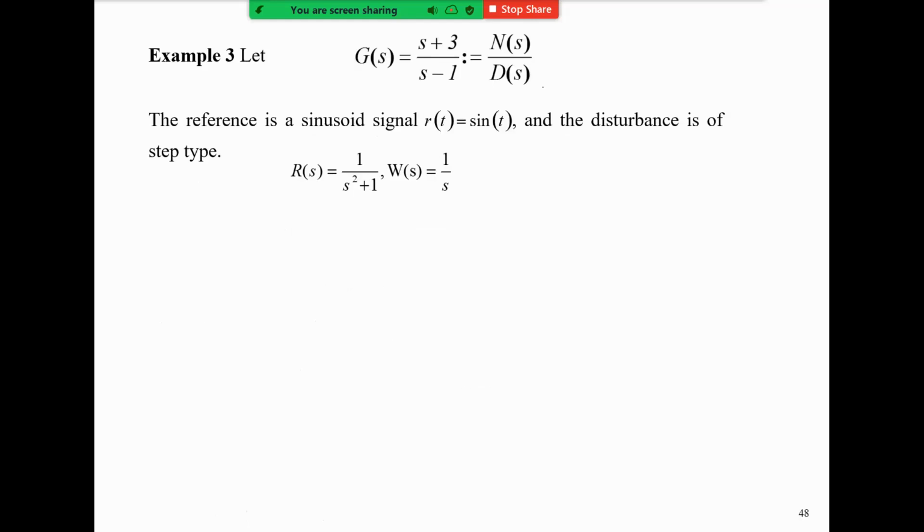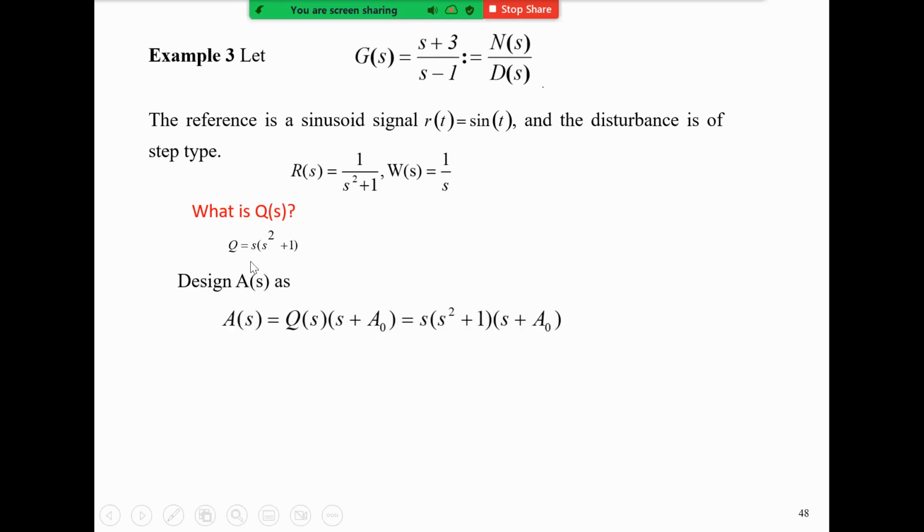Now, let's use this procedure to solve the example again. We know what Q is. It's the same Q. We want to follow a sinusoid, and then when there is a disturbance.